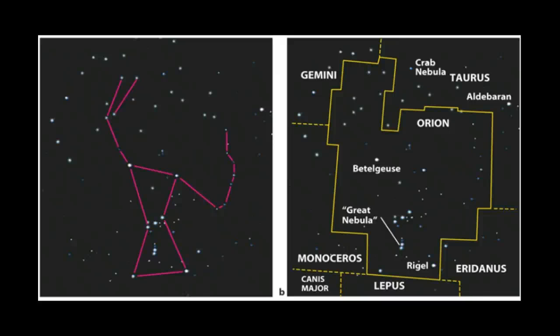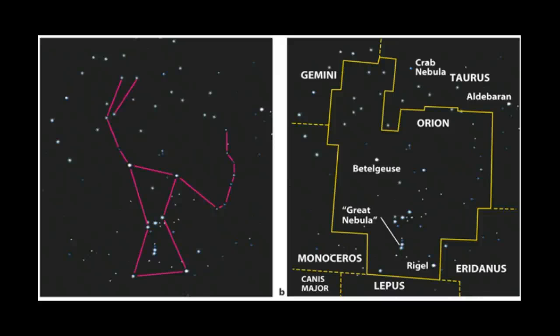However, astronomers have redefined the constellation as 88 regions of the night sky, not any particular star formation. Write that down. Astronomers have redefined the word constellation as 88 regions of the night sky, not any particular star formation.